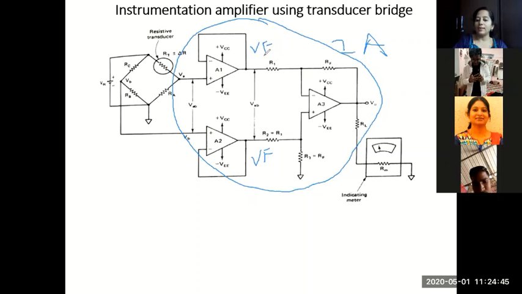And what is the second stage? What is the stage? We have done this. R1, RF, R2 is equal to R1, R3 is equal to RF. What is this circuit? This circuit is nothing but a, please unmute and answer. I'll at least know you are there or not. What stage is this?